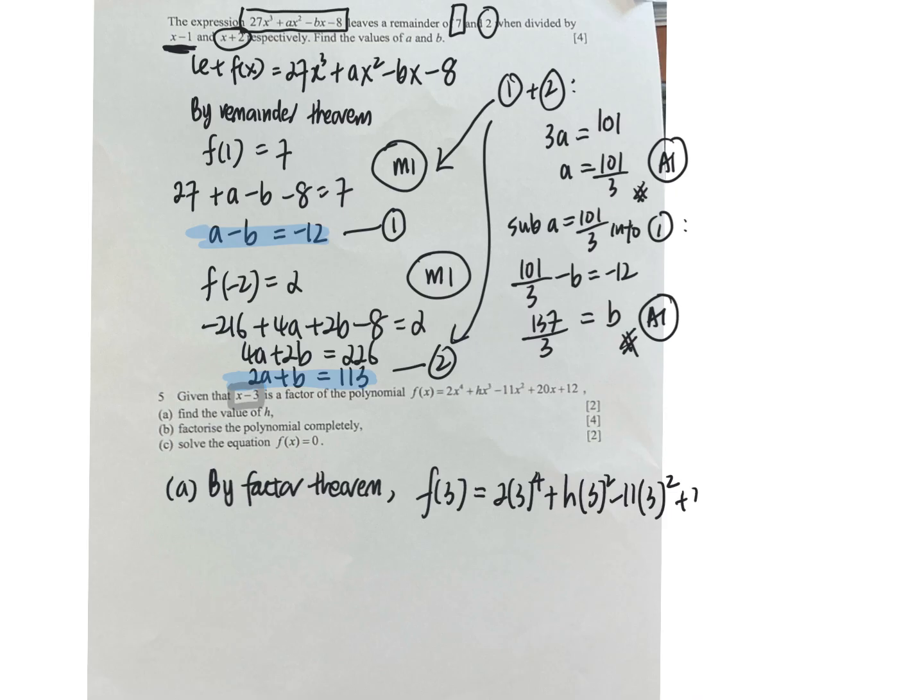Okay, remember the remainder must equal to 0 if it's a factor. So if I'm not wrong, I will end up having h as minus 5.